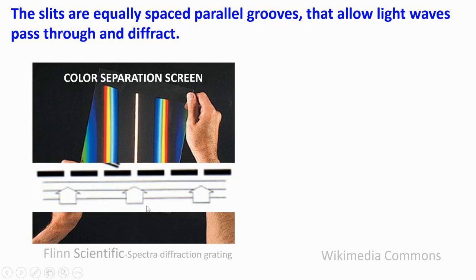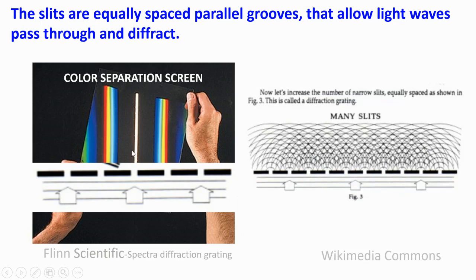These are the light waves that pass through all these many slits or openings. When all this light passes through those slits, they recombine on the other side, crests with crests, troughs with troughs.